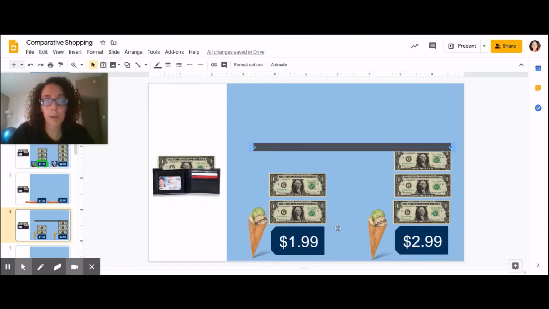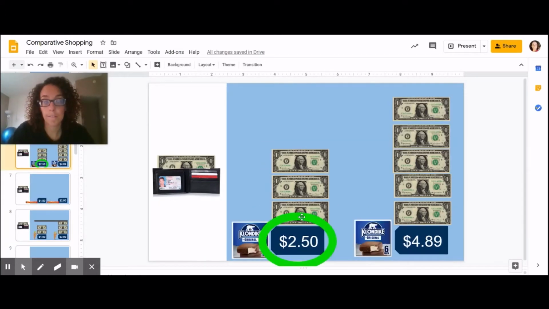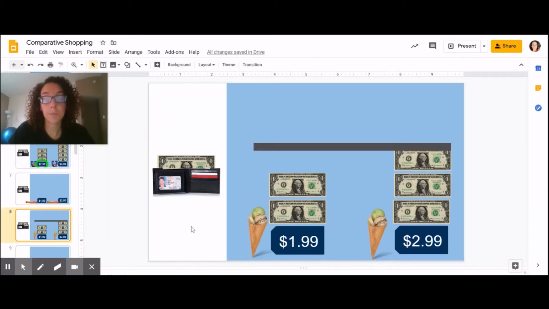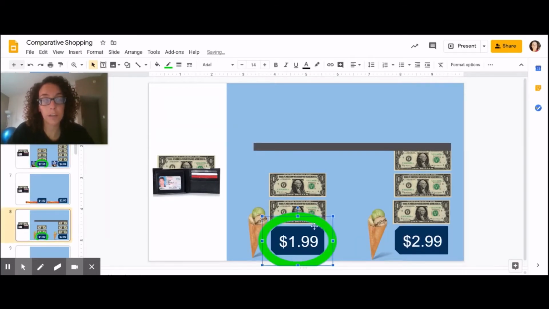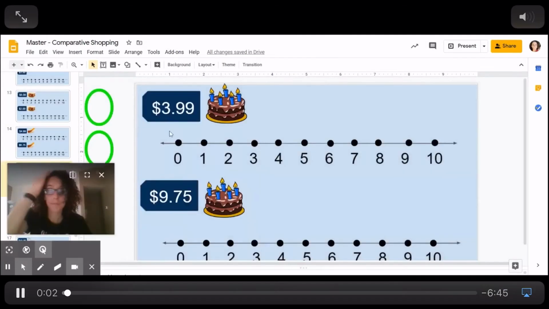So this tower's actually smaller. Let's put our green circle around the smaller price. Good job. Are you ready to try some even harder numbers? Me too. Let's go try them together.